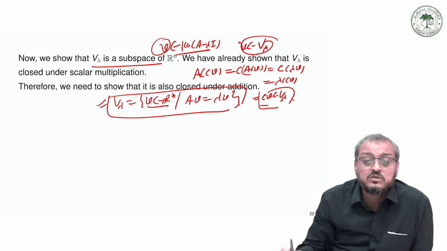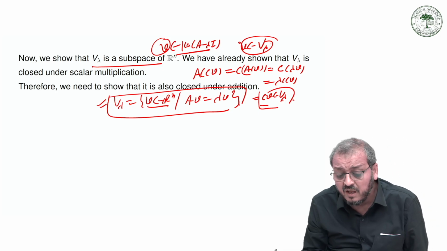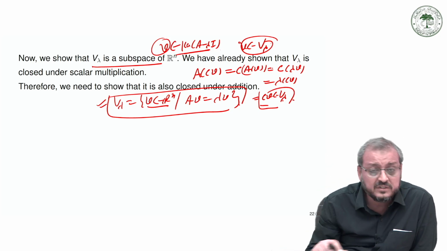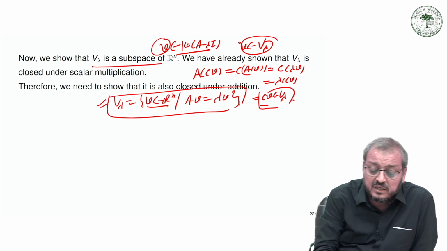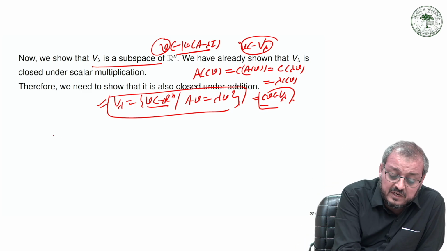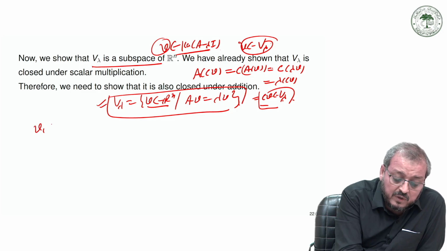This means V lambda is closed under scalar multiplication.